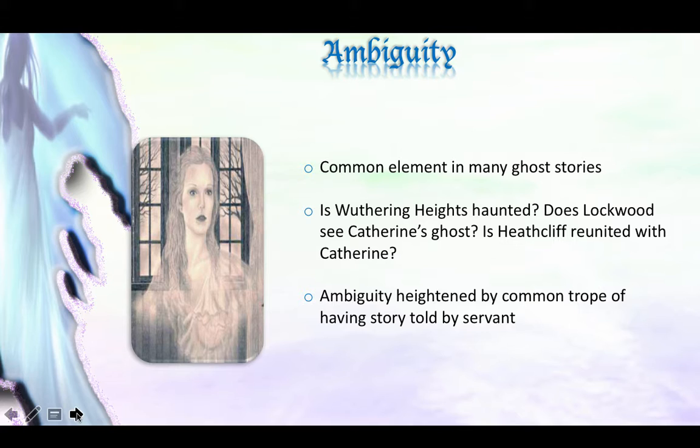Well, we never really know. And just how tragic that story is depends on whether we think she has, or think she's a couple of bricks short. But in Wuthering Heights, Nellie herself never actually thinks she's seen Catherine's ghost. Is there a ghost? We don't know. We never know, and that is ambiguity.